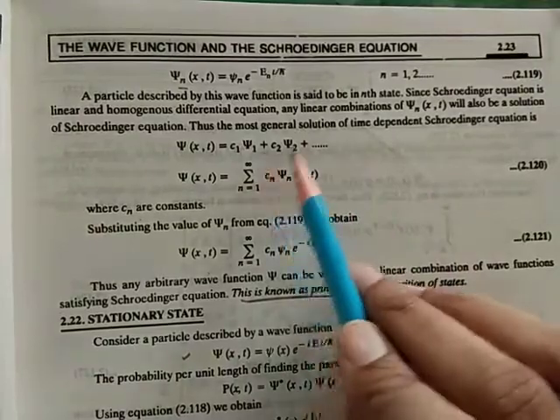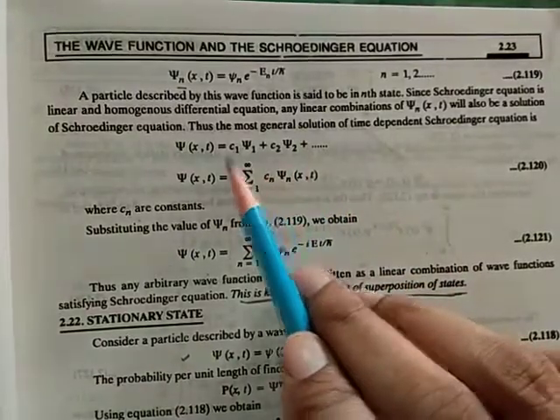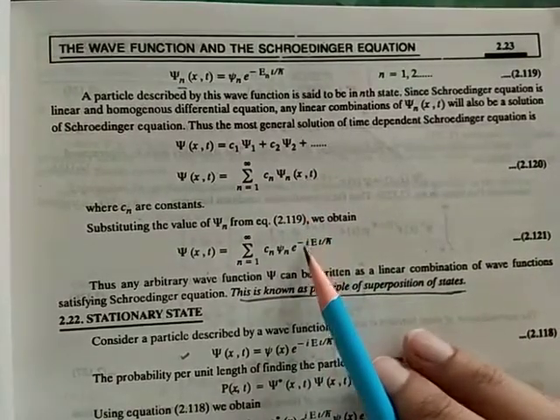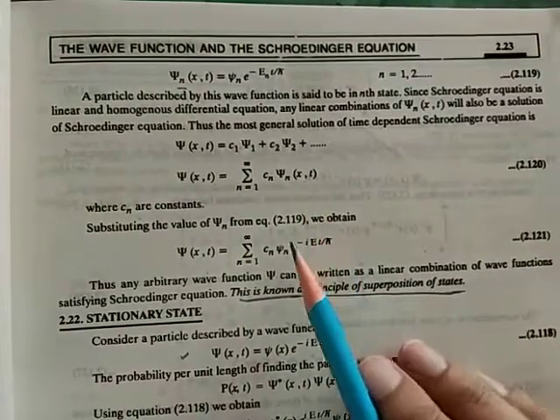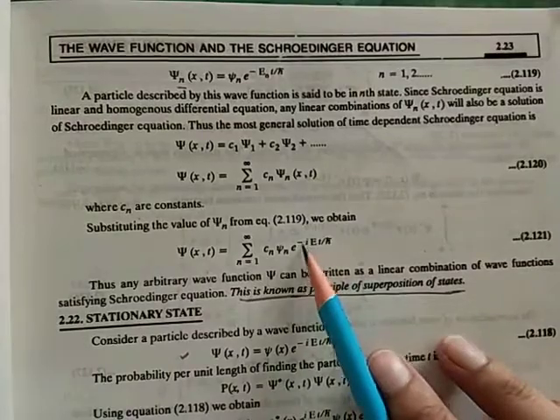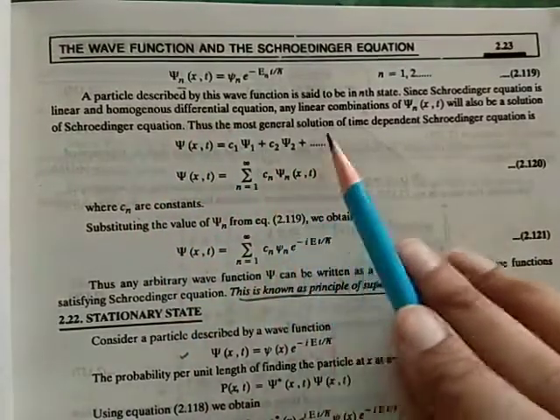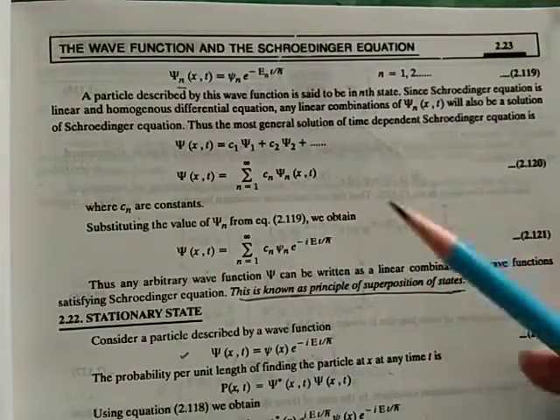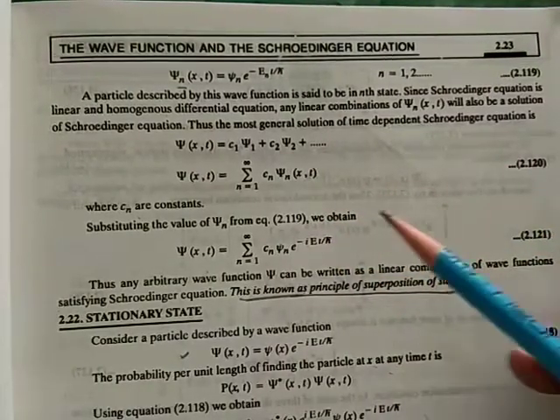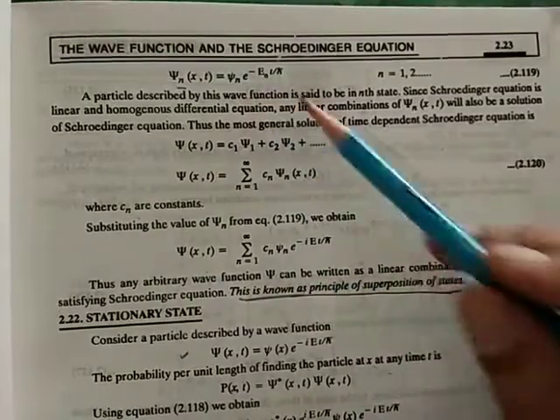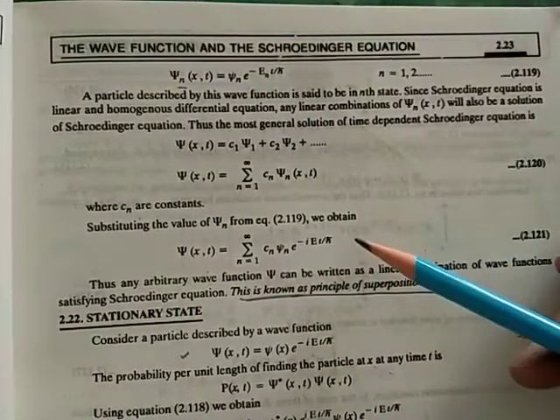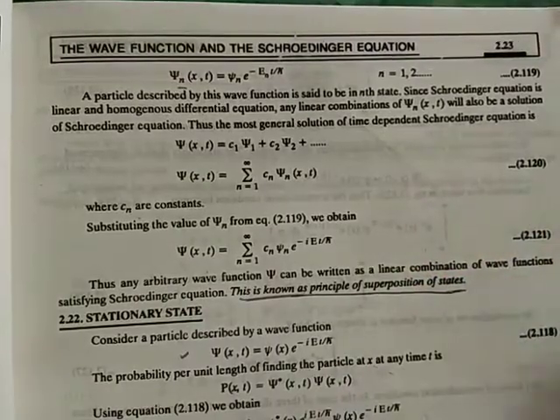We are just adding, or we can say superimposing, all the functions into just one function. So this function could be written as a linear combination of all the wave functions. So this is known as the principle of superposition of states. Okay, so this is the complete solution, or the general solution, of the time dependent Schrodinger equation.